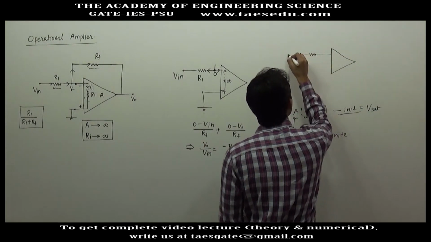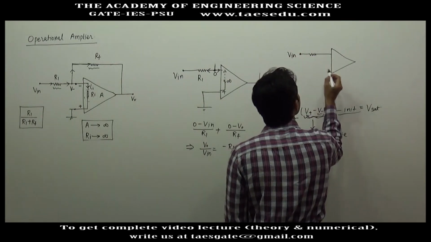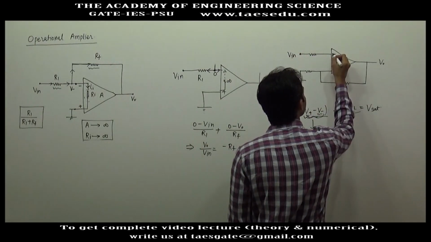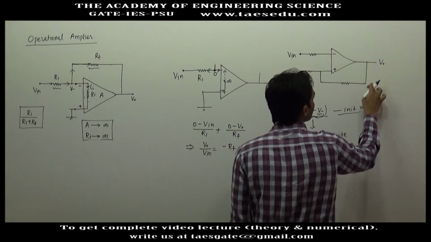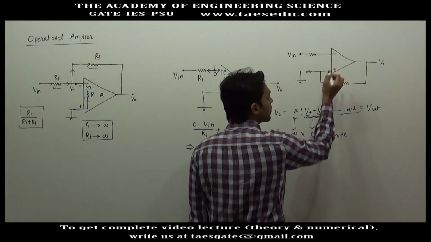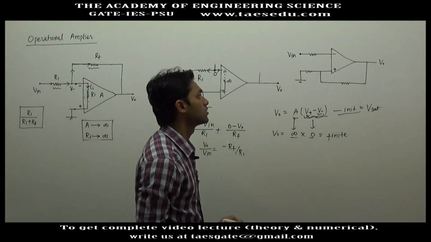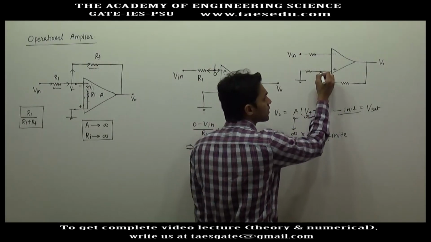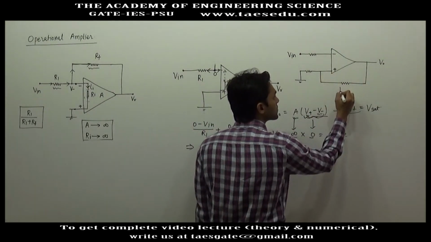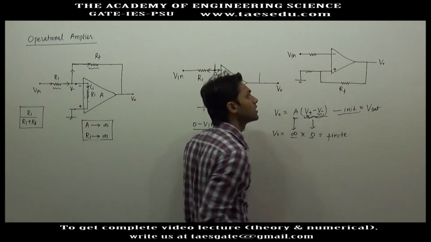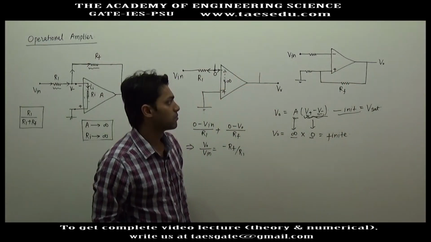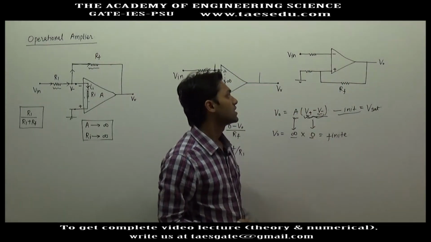Let's say you have connected an input voltage here. This is plus. So here feedback is coming at the non-inverting input of the op amp. If a part of the output voltage is coming at the non-inverting input of the operational amplifier, this will be called positive feedback.